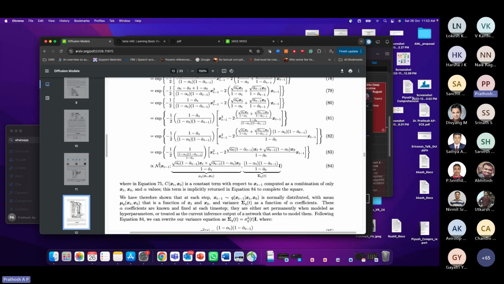Finally, this will become a Gaussian distribution with a certain mean and a certain variance, because you have completed the square. All you have to do is rearrange the terms, add and subtract the terms such that it assumes a Gaussian form, and read out the mean and variance. That's all we should do. Is that okay? So please follow that.